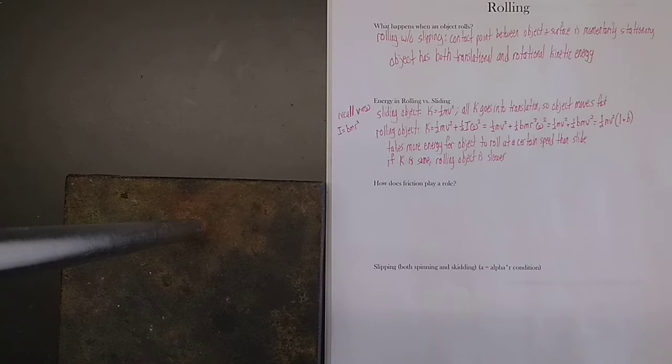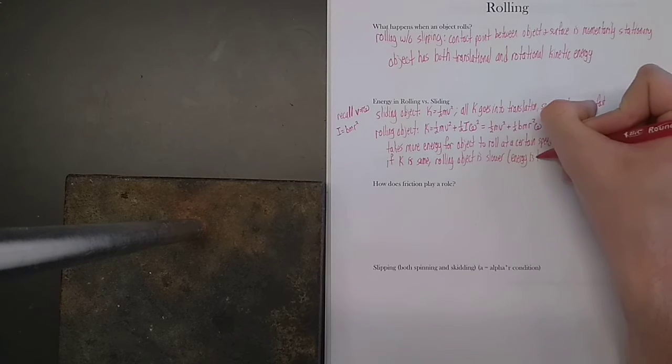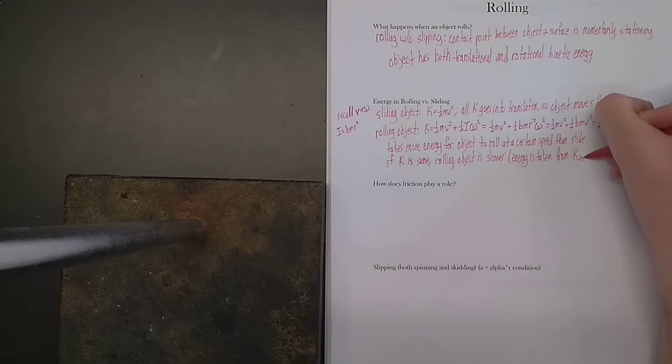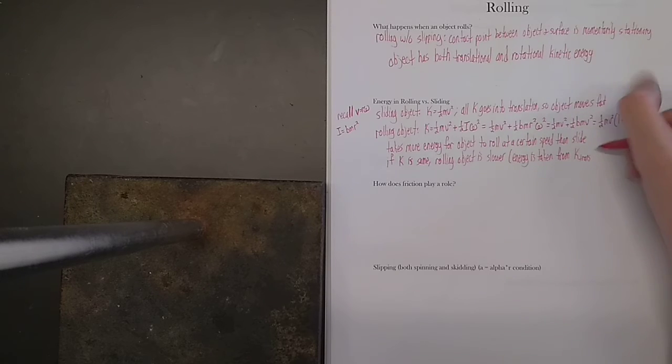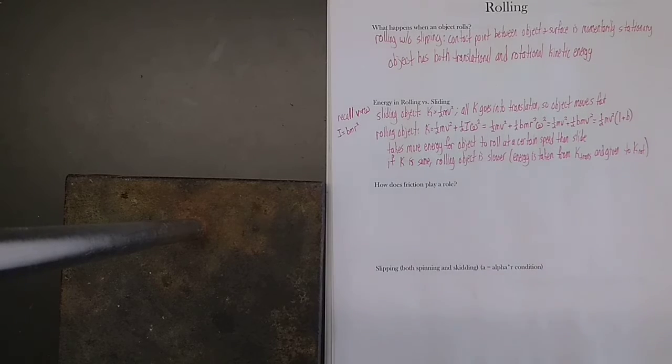So if the kinetic energy is the same, the rolling object must go slower, because energy is taken from the translational kinetic energy and given to the rotational kinetic energy. That's an interesting fact, and I wouldn't have assumed that before doing the math and proving this. I wouldn't have said that a rolling object necessarily moves slower than a sliding object, if everything else is the same. I wouldn't have guessed that.